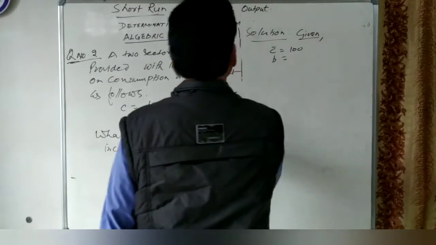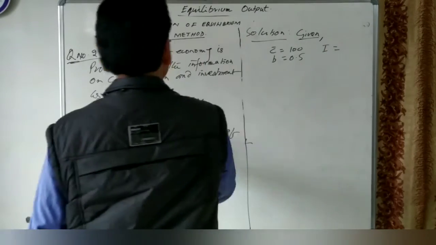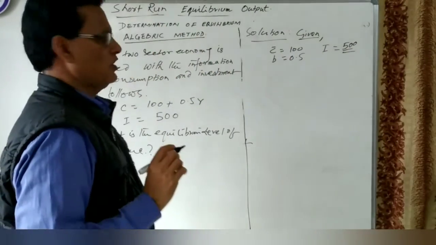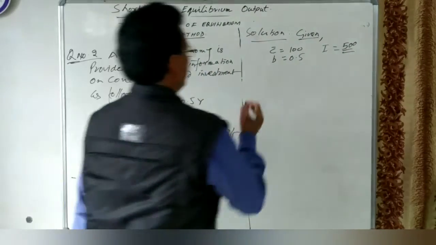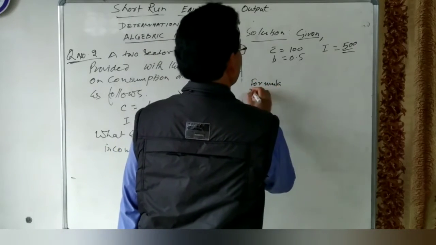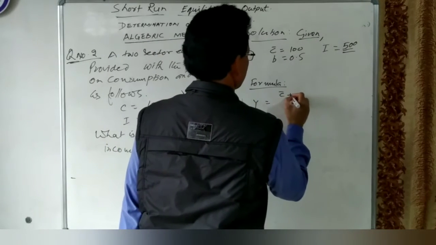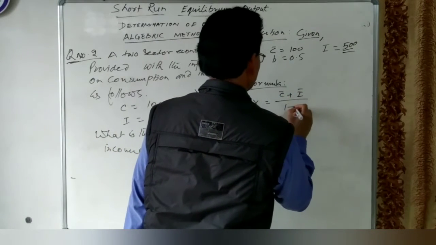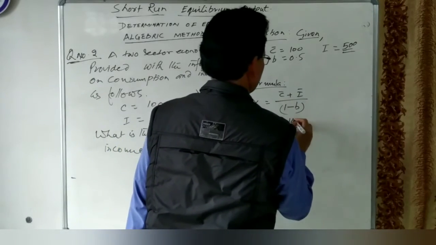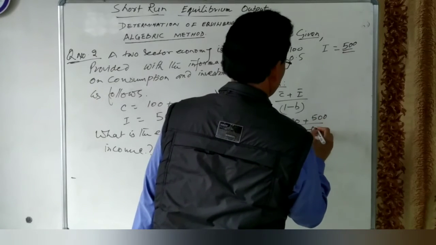B is given as 0.5. I is given as 500. Let us put these into the formula we have just derived: Y is equal to C intercept plus I intercept divided by 1 minus B. This is 100, this is 500, and this is 1 minus 0.5.